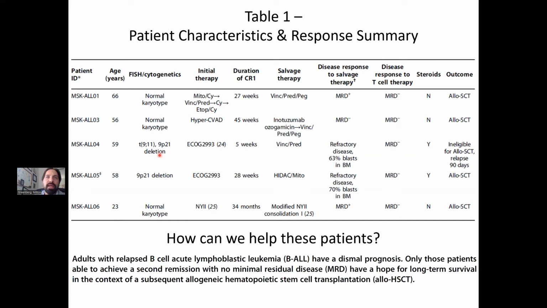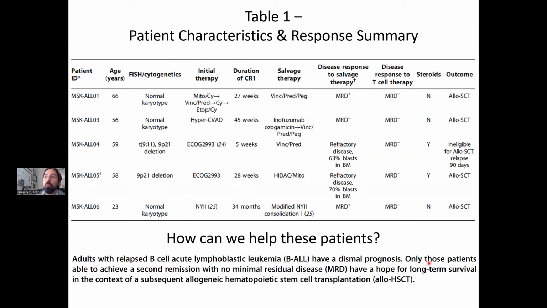And so with these patients, you could kill off the cancer, but killing off the cancer won't be good enough because the DNA is messed up. So in this case, patients with relapsed B-cell acute lymphoblastic leukemia have a dismal prognosis.